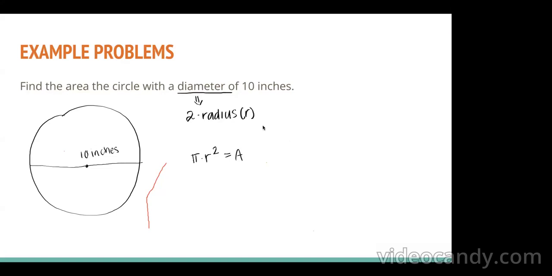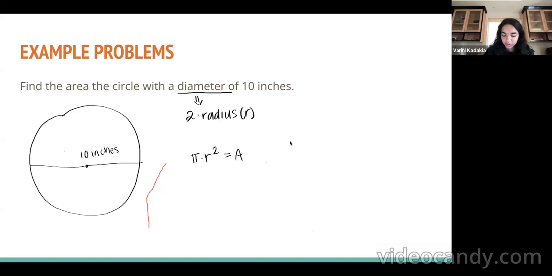Okay. So we know the diameter is 10 inches, right? And we know that the diameter equals 2r. So because we know the diameter is 10 inches, we can say 10 equals 2r. Now we can solve for r, because r is what we need in the formula. So let's divide by 2, divide by 2.